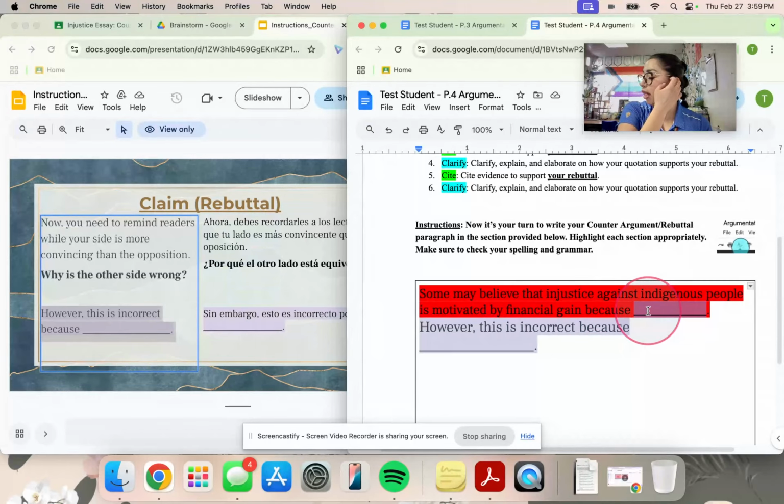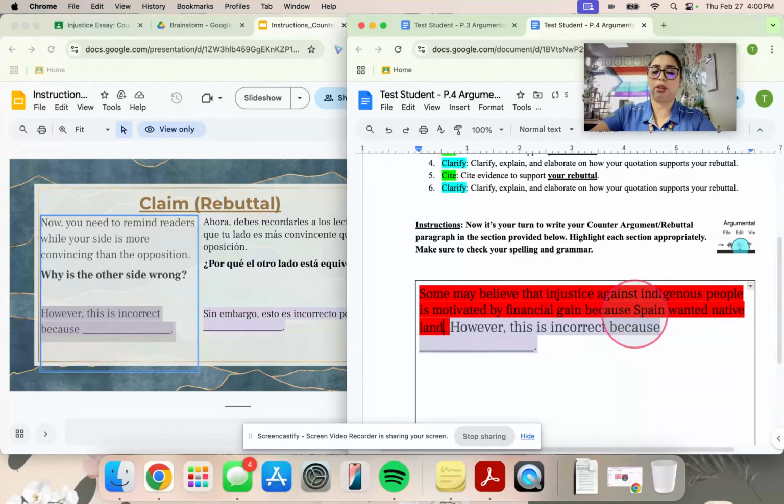So if you're saying that some might believe that injustice against Indigenous people is motivated by financial gain because Spain wanted native land. Cool. However, this is incorrect because why? Why is that wrong?